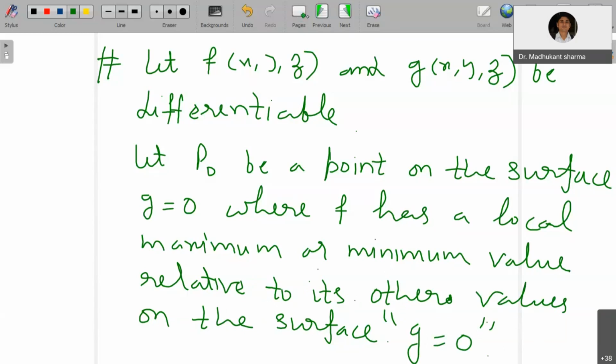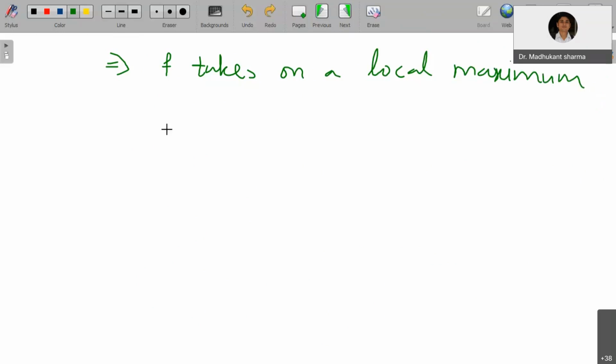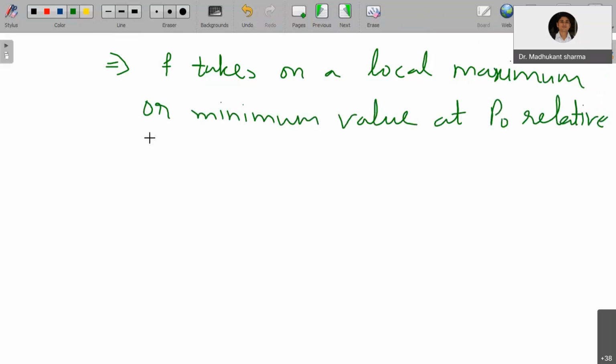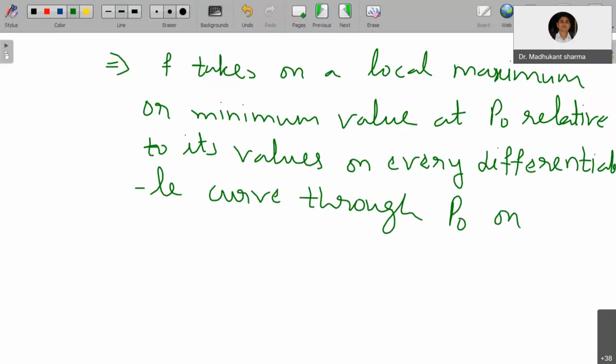Now, this gives you that f takes on a local maximum or minimum value at P naught relative to its values on every differentiable curve through P naught on the surface g equals 0.